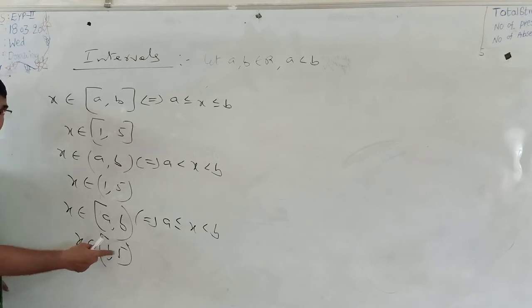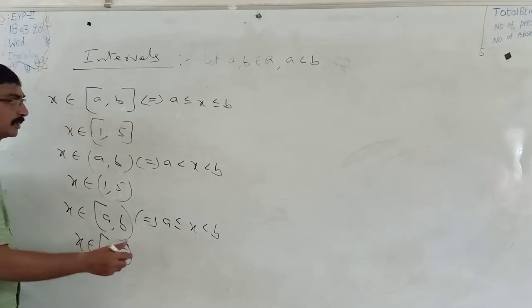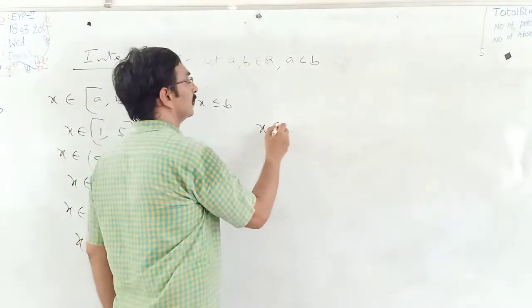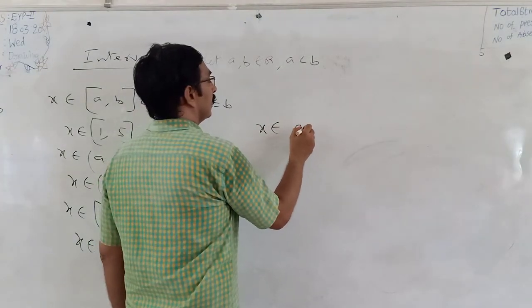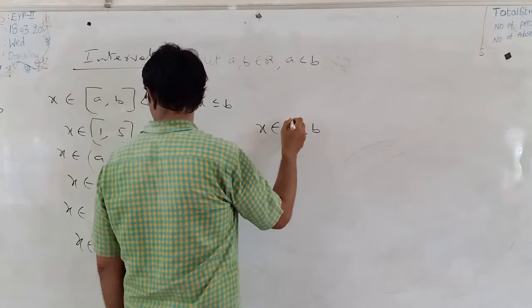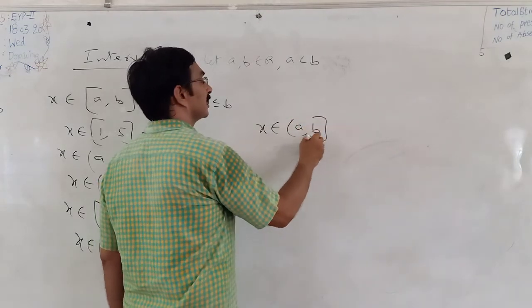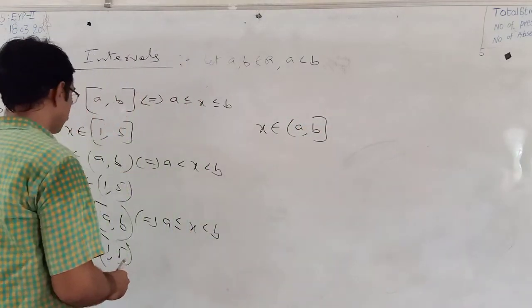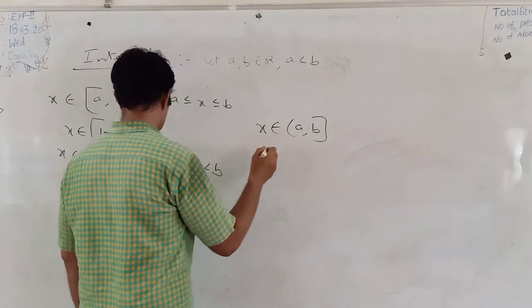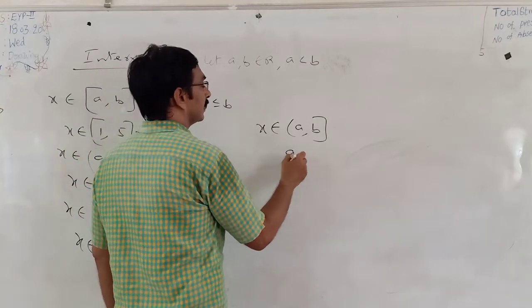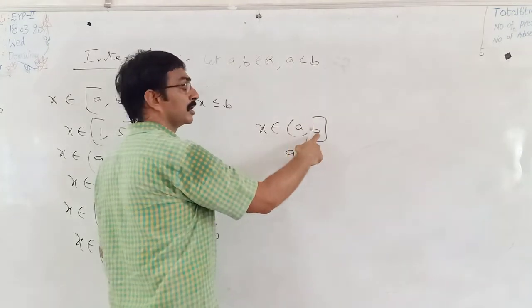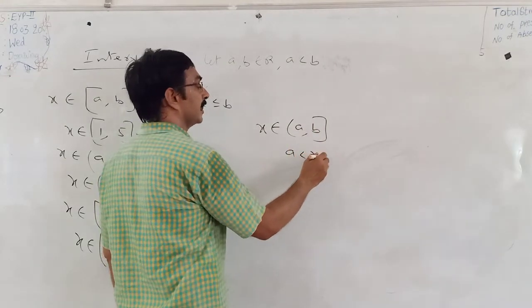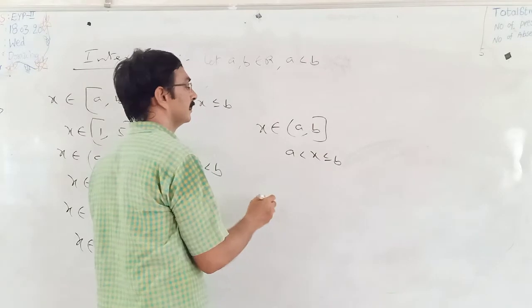Not only integers: 1.1, 3.5, 4.99 also lie in this interval. Last one, x belongs to the left open, right closed interval of a comma b means x lies between a and b, not equal to a but equal to b. So a is strictly less than x, which is less than or equal to b.